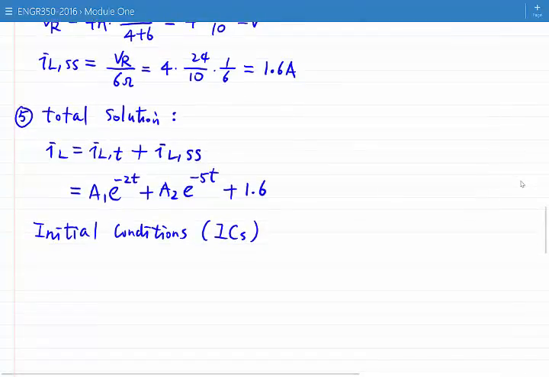For the second order circuit, we have two initial conditions, which are the inductor current and the capacitor voltage at 0 plus time.